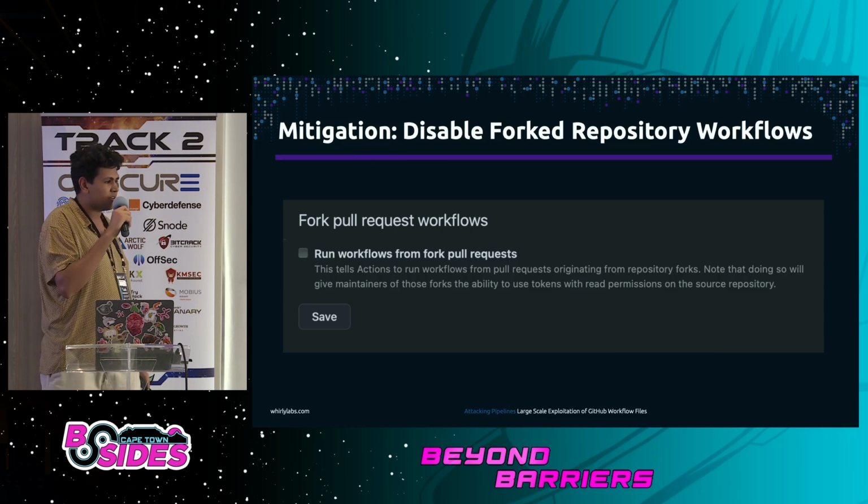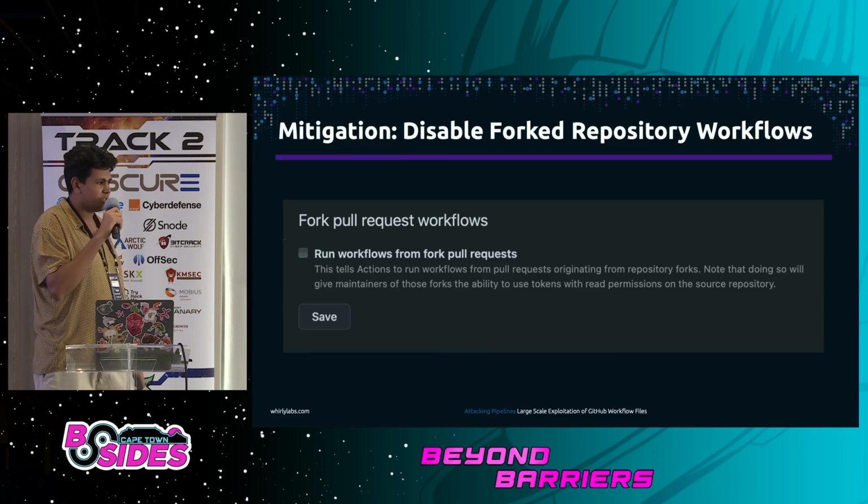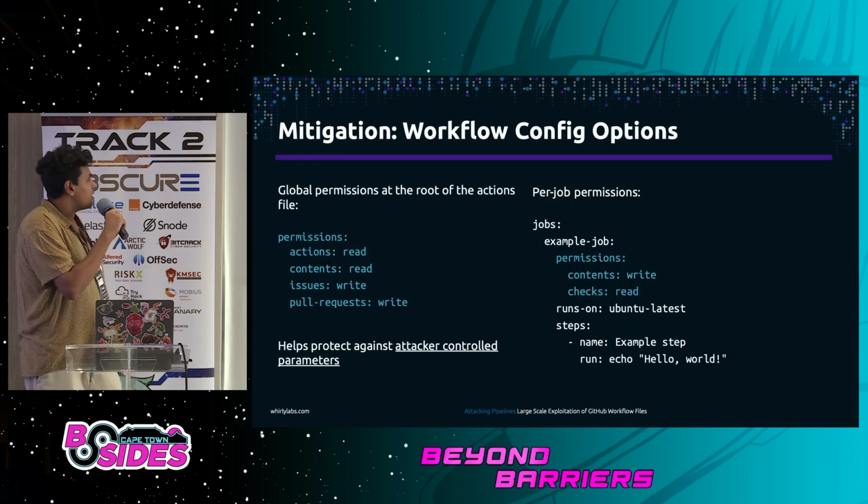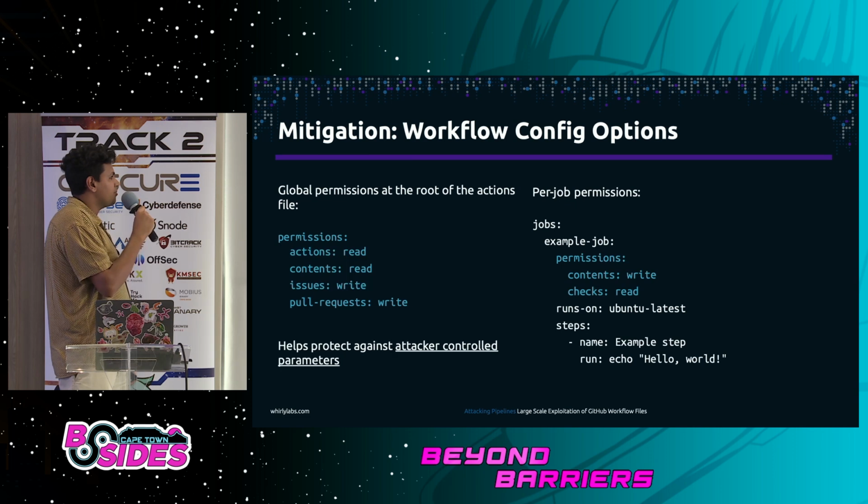So it doesn't even matter if there are configuration settings in the base repo that prevent this from working, because it will affect the base repo no matter what. Yeah, and now comes the most boring part, actually fixing the vulnerability. Please don't do this.